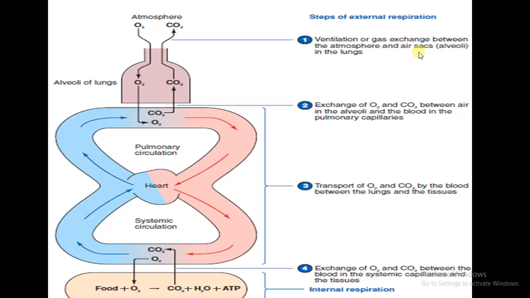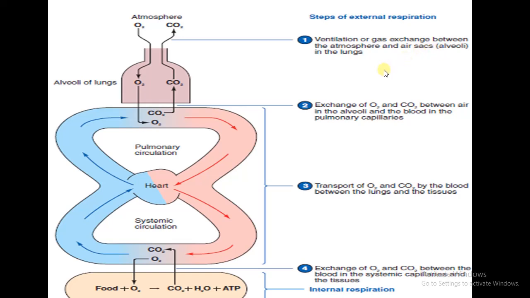So this point is very important. Ventilation, which is generally called breathing, is just the exchange of oxygen and carbon dioxide between the atmosphere and the alveoli. This is the first step of external respiration.